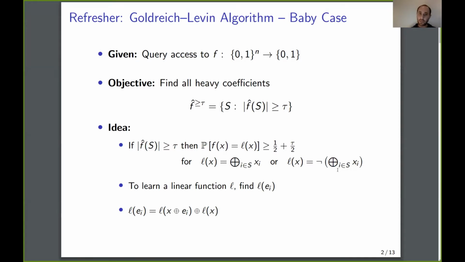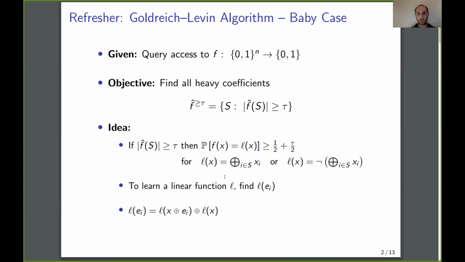Notice that this L of x is a linear function, and therefore if we want to find this L, it's enough for us to find the value of L on all the members of the standard basis, e1, e2, and so on. And why do we want to find L? Because once we know what L is, we know pretty much what f is.